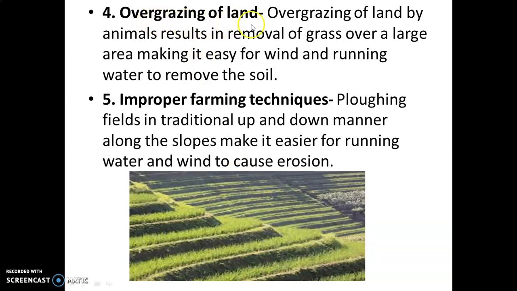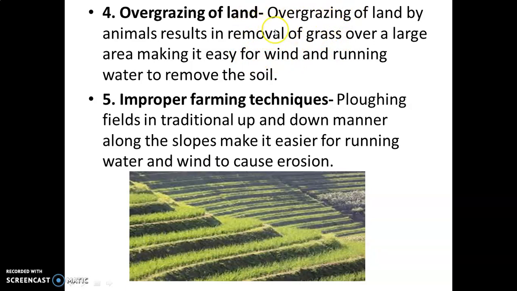Next is overgrazing of land. As we know, nowadays farmers, or we can say pastoral communities, those who rear livestock animals like cow, buffalo, sheep, goat, allow their livestock to graze grasses for longer hours. This is called overgrazing.